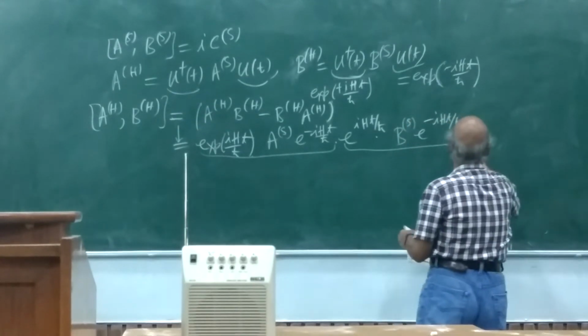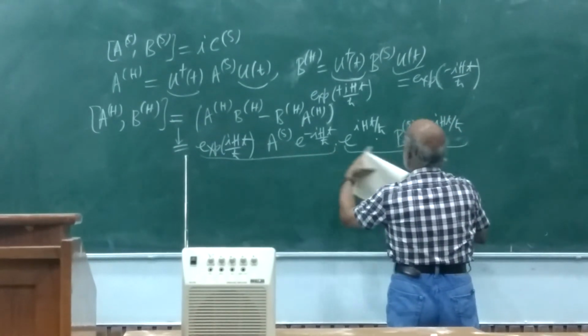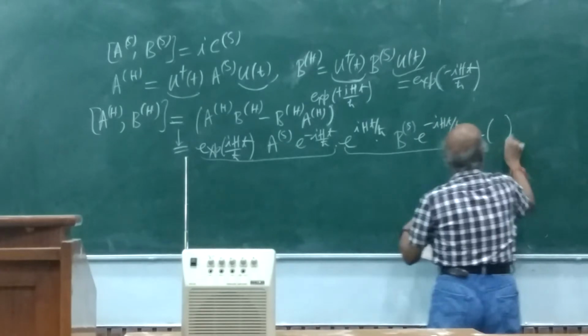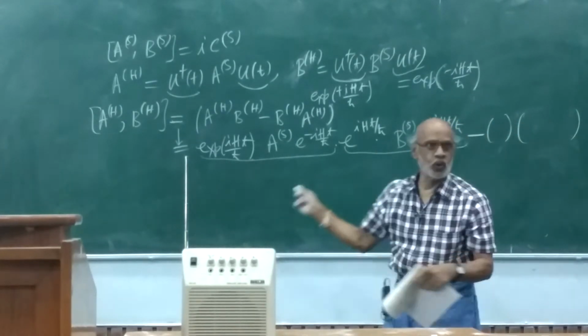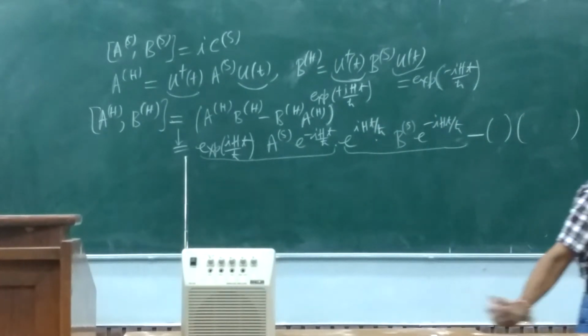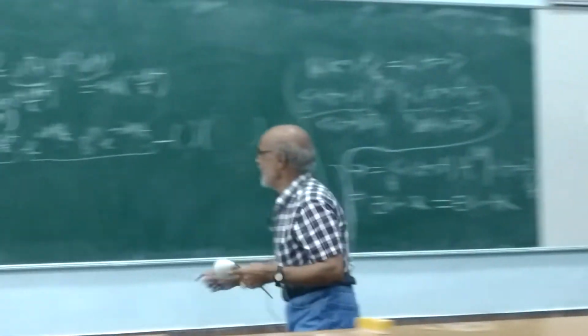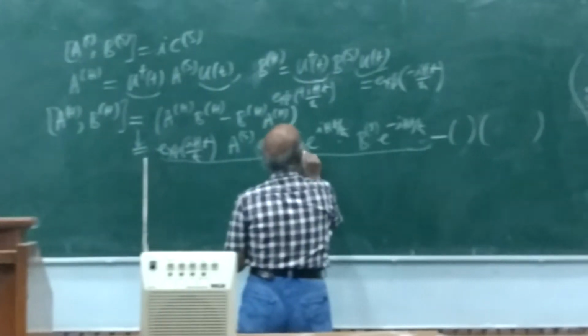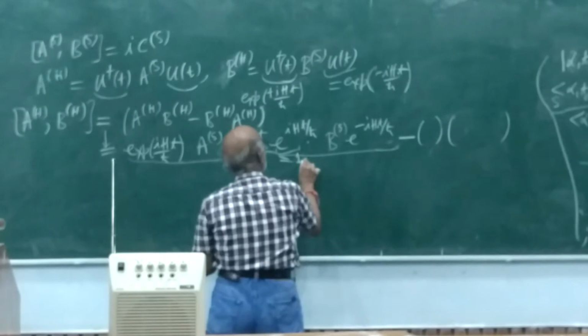And minus, this is A of H, B of H minus these two terms. And here, now you will see that this goes to 1, the unit operator.